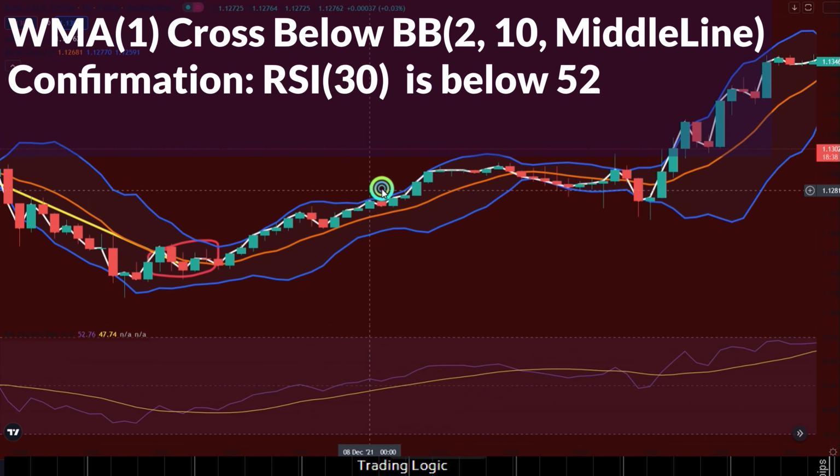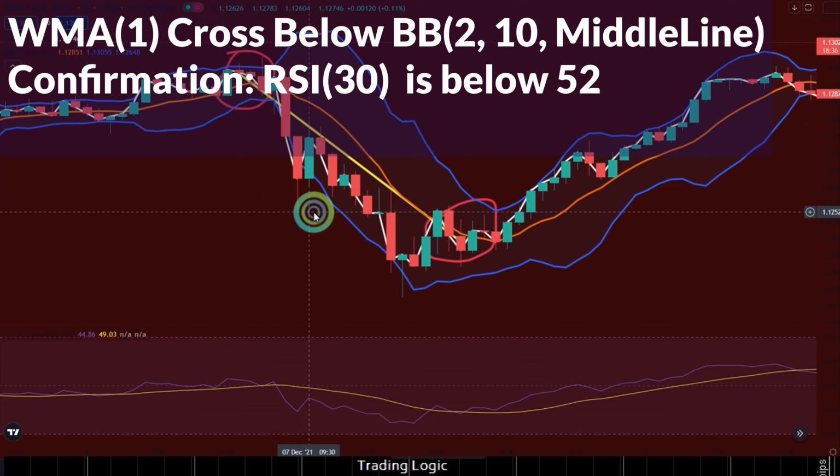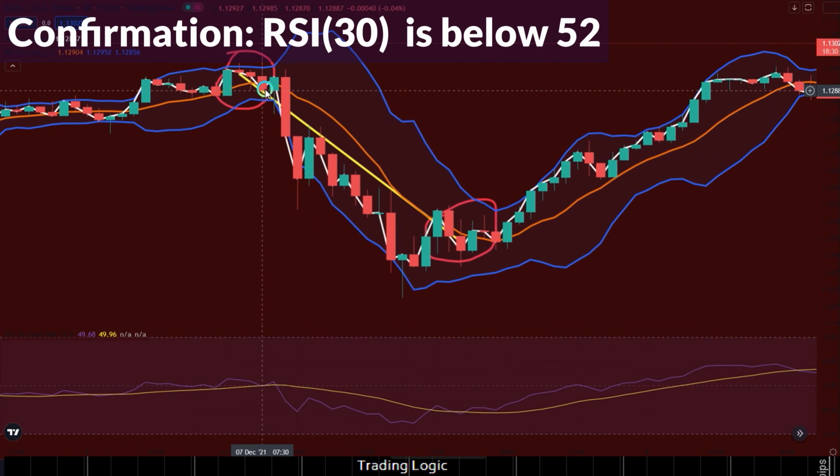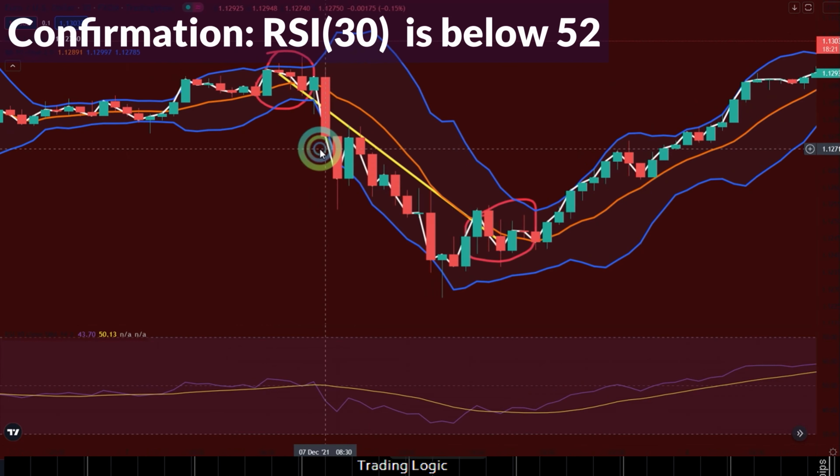Wait until the confirmation is fulfilled. So when the 30 period RSI is below 52, then your second and confirmation condition is checked as well.